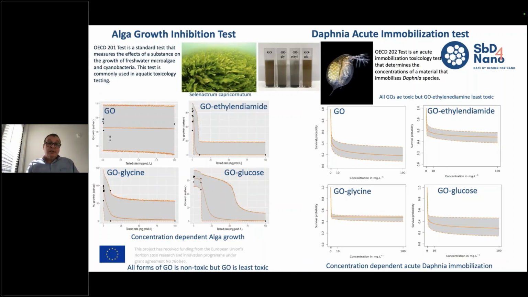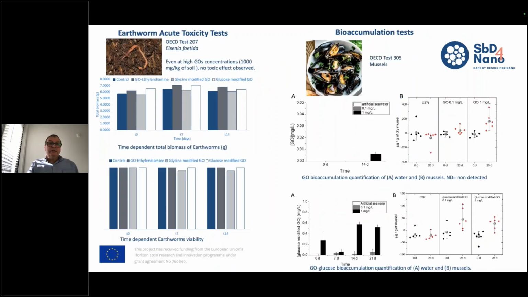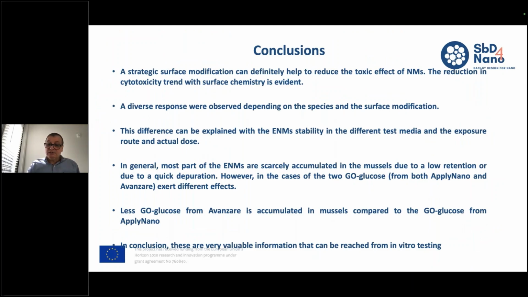Also in the other test, for example the algae growth inhibition test, the modified ones show some effect, which is interesting when compared to graphene oxide. In the Daphnia acute immobilization test, the modified ones also make some impact on toxicity. Then there are other tests, the earthworm acute toxicity test and the bioaccumulation tests.